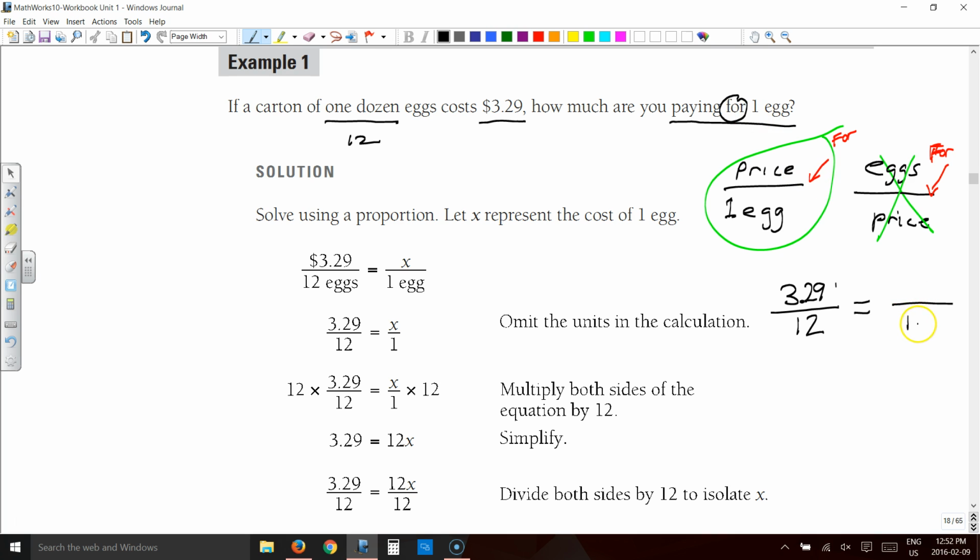Well, we know that it's for 1 egg down here, since eggs are on the bottom. And we do not know the price, so we'll put X. Again, solving proportions, cross multiply and divide. We're going to multiply the 3.29. So your amount is going to be the 3.29 times 1 divided by the one that's across from the x, which is the 12.